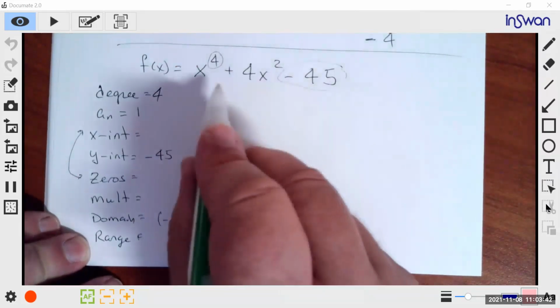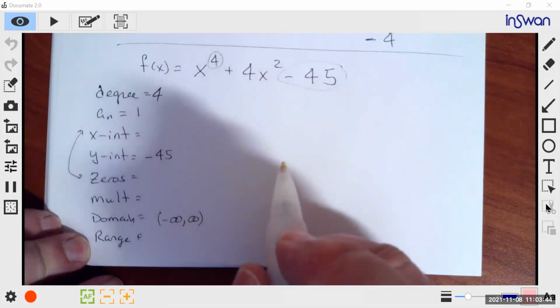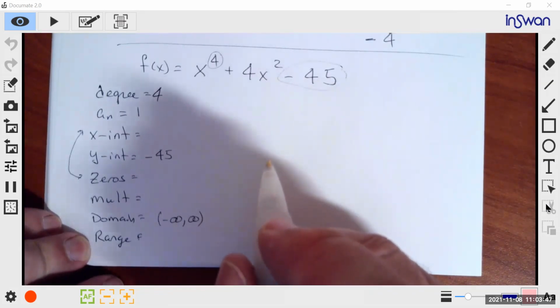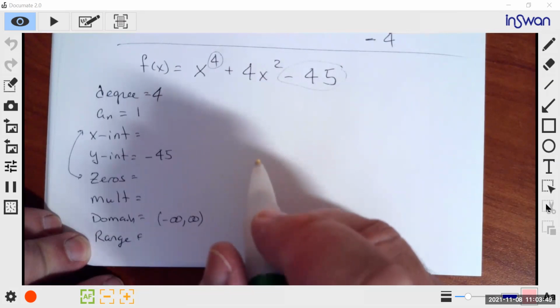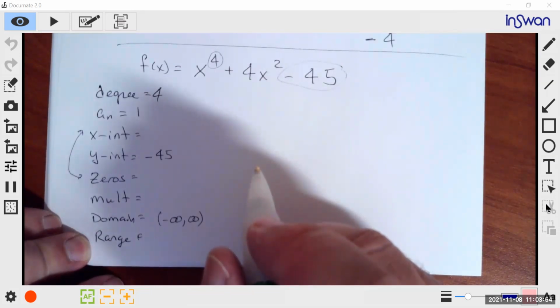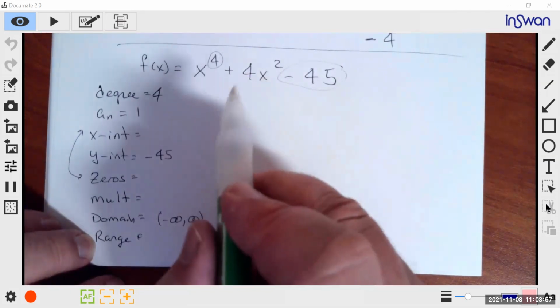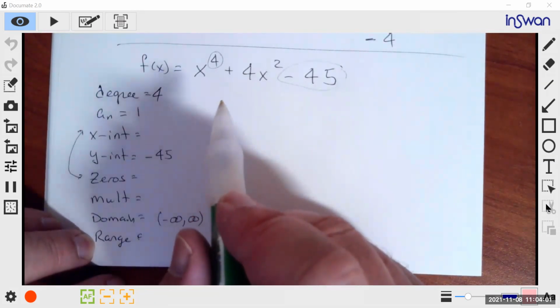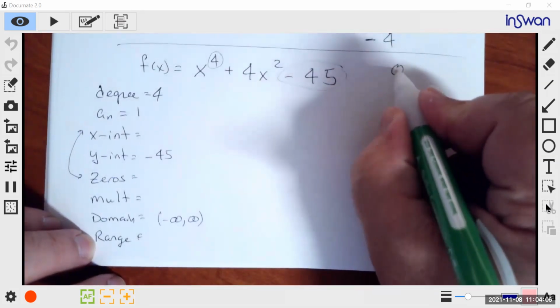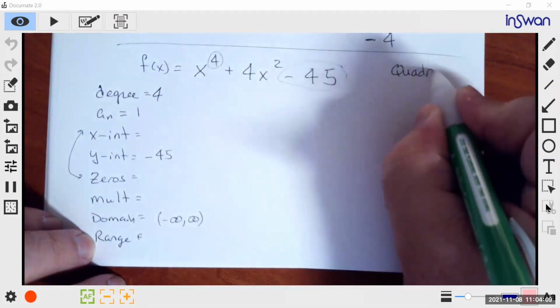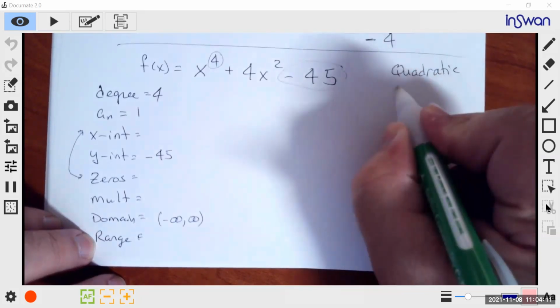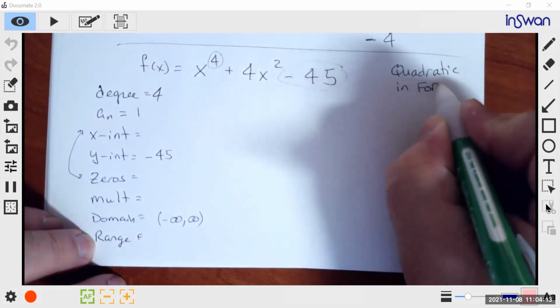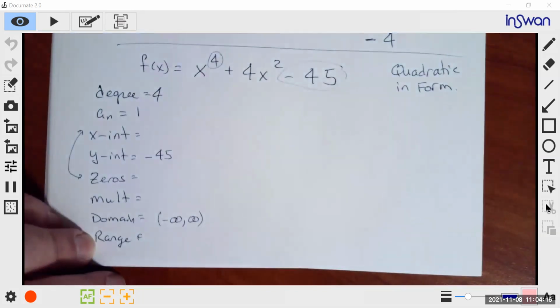So what method are you using to solve this one? What kind of equation is it? It's quadratic in form.